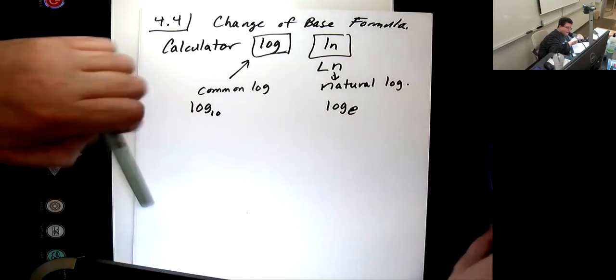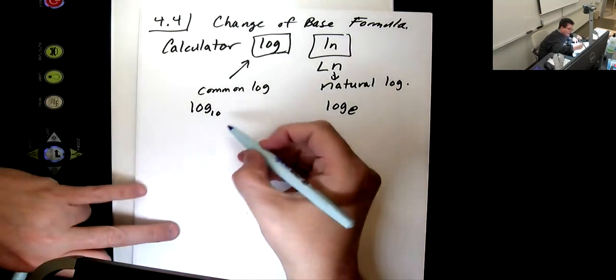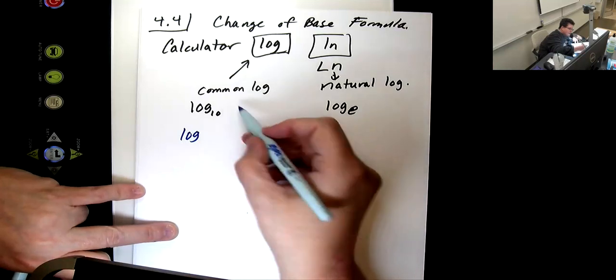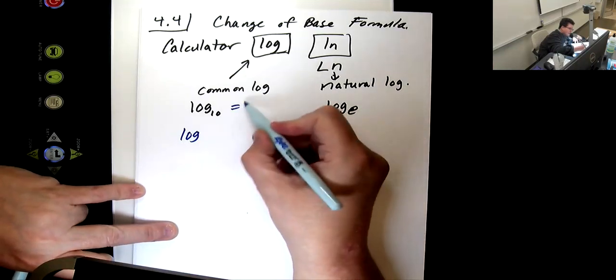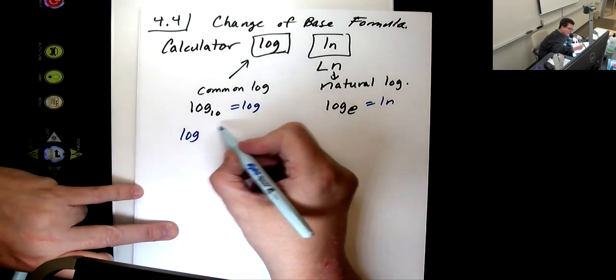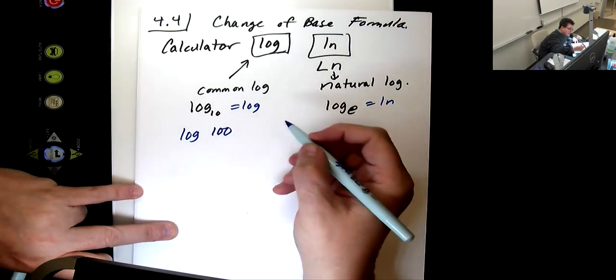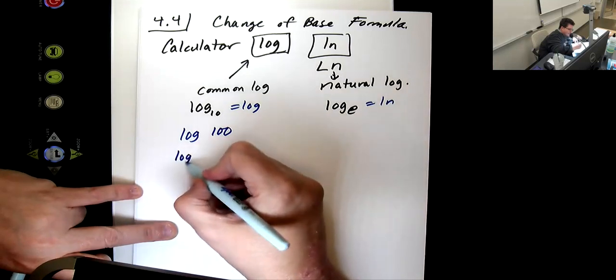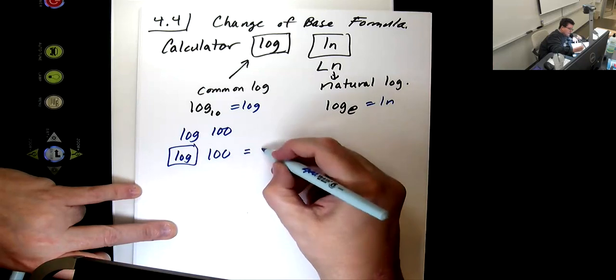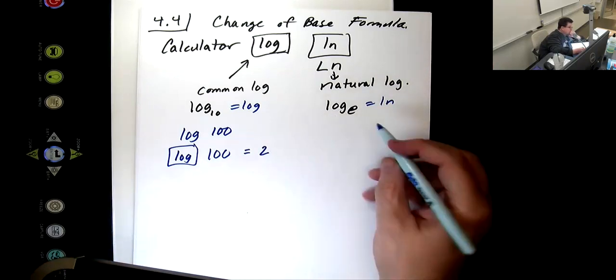If you want to find these on a calculator, this is just log, and this is just ln. If you see something like log 100, you can hit log 100 equals, and it should spit out 2.